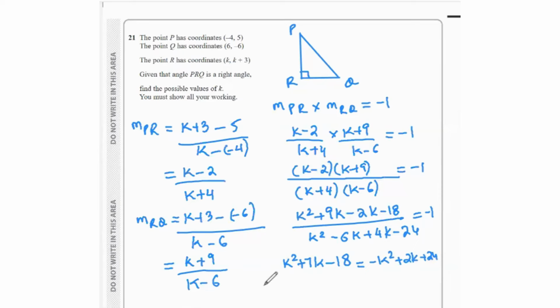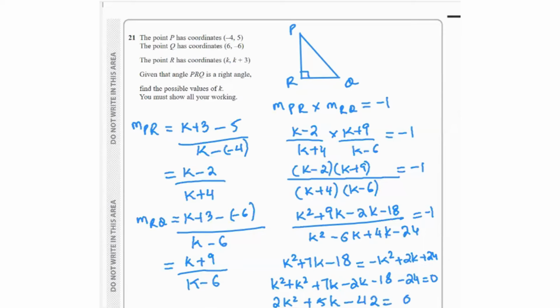Bring everything on one side. So K squared plus K squared plus 7K minus 2K minus 18 minus 24 equals 0. That's going to be 2K squared plus 5K minus 42 equals 0.